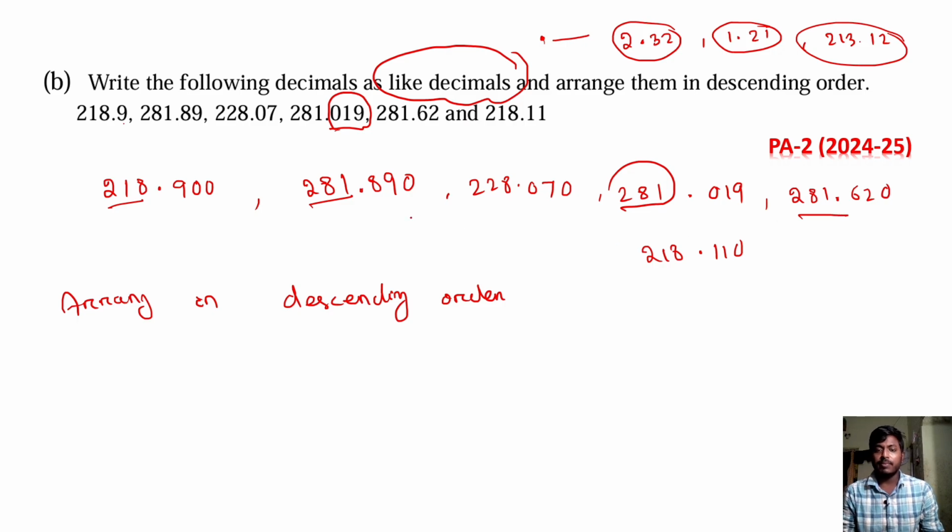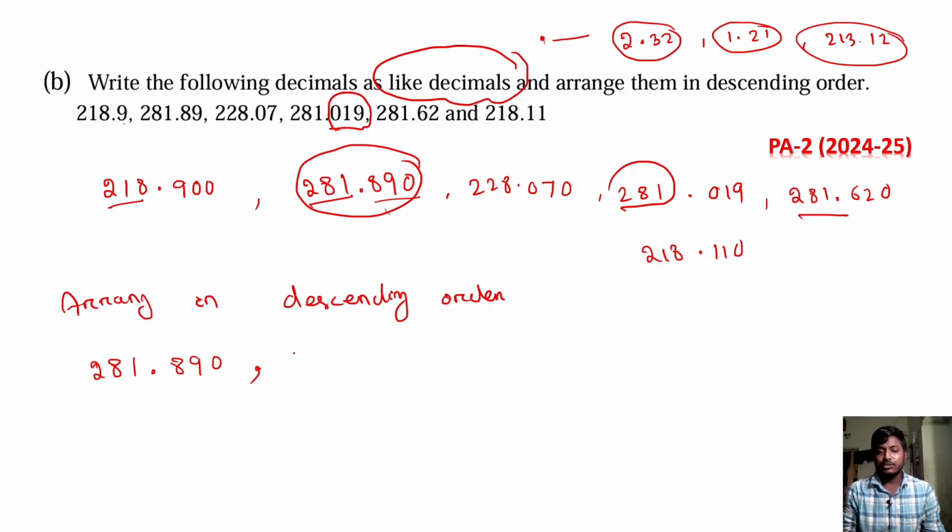Now we check the decimal part. Here it is 800 something, means 890. So the biggest is this one. So first we write down 281.890, not 890 alone, because after the decimal we read the digits, that is 890, comma.